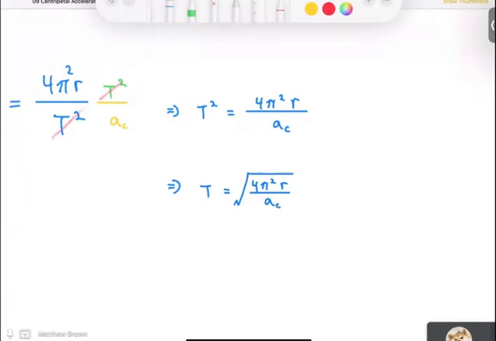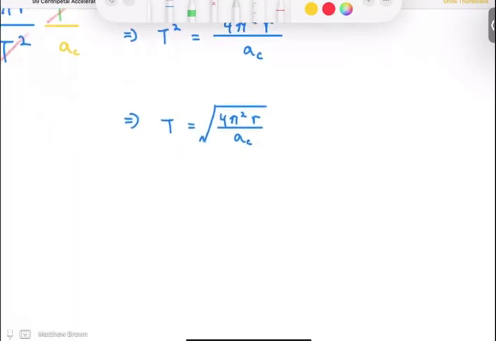Now, if this were just math, I would say positive or negative, but I obviously only care about the positive solution. So if I substitute in the numbers here, the period, or the time for one revolution, is the square root of 4 pi squared. I would leave it as that, and usually there's a button for pi in your calculator. I wouldn't round it to 3.14.